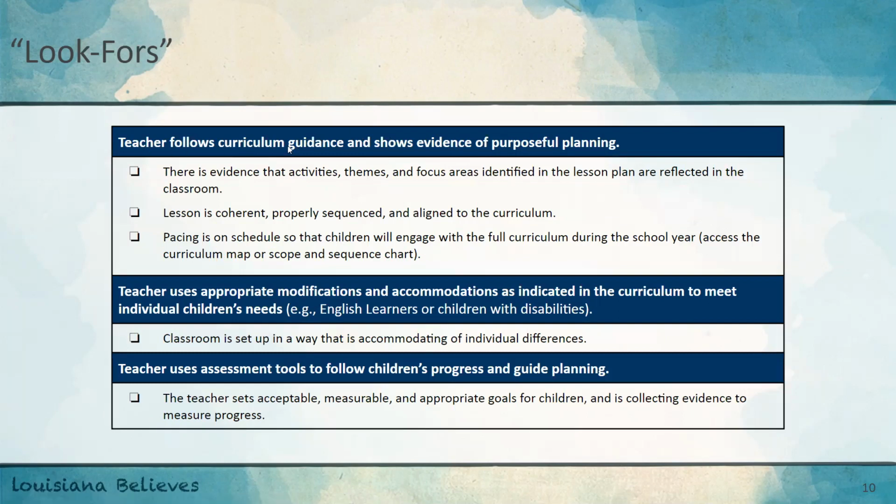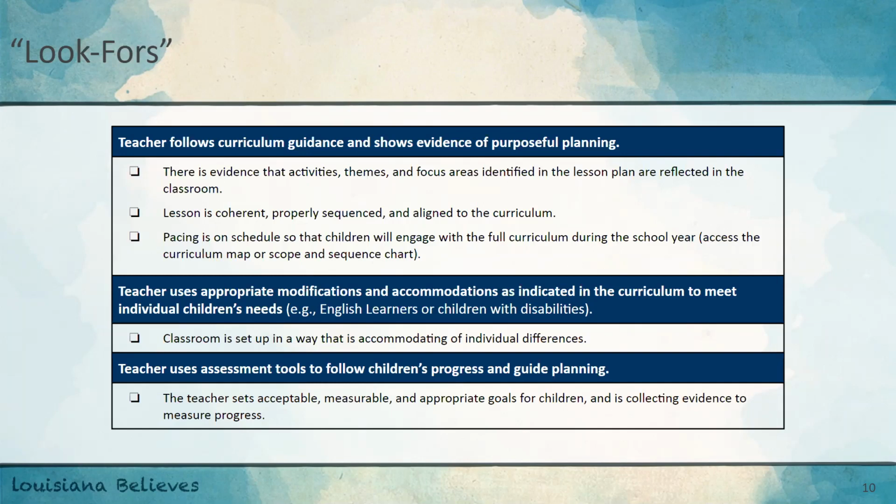Another element of look-fors, the teacher follows curriculum guidance and shows evidence of purposeful planning. Examples of look-fors could be there is evidence that activities, themes, and focus areas identified in the lesson plan are reflected in the classroom. Is the teacher actually teaching the things that she's written down in her lesson plan? The lesson is coherent, properly sequenced, and aligned to the curriculum.